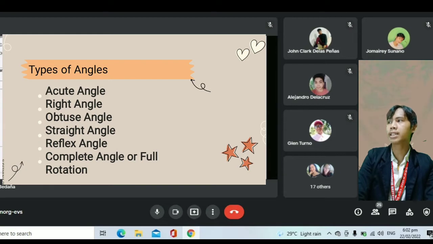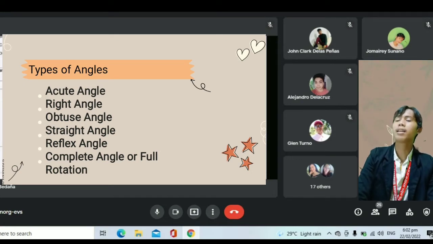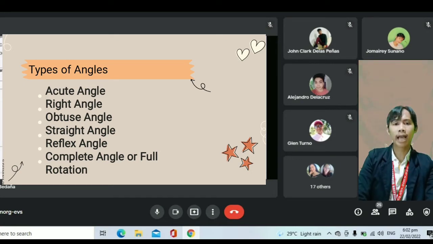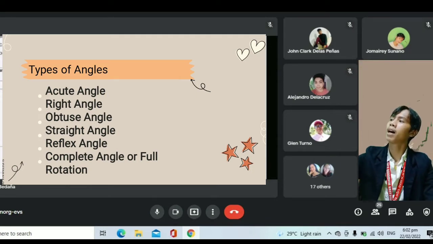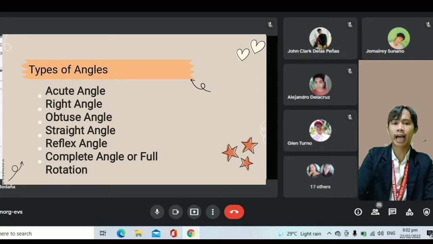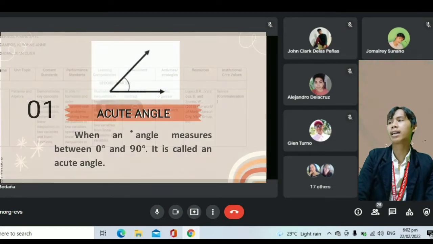First, the acute angle. Second, the right angle. Then we have the obtuse angle, straight angle, reflex angle, and last, the complete angle or the full rotation.